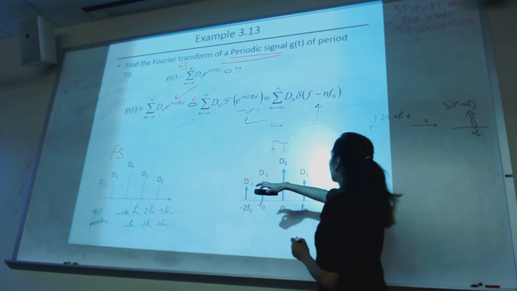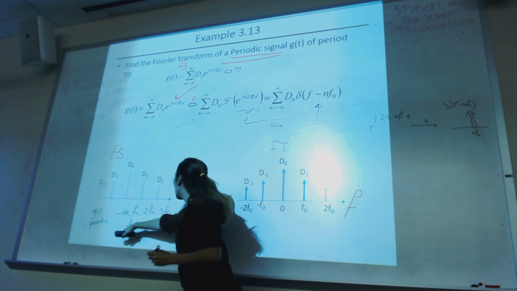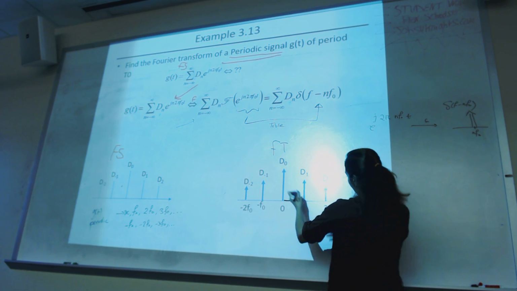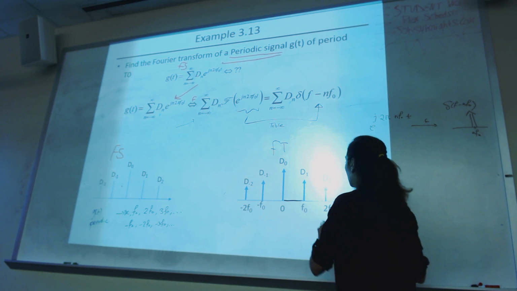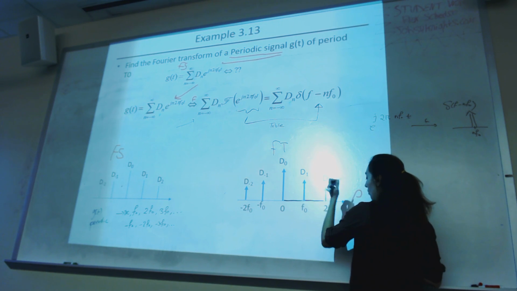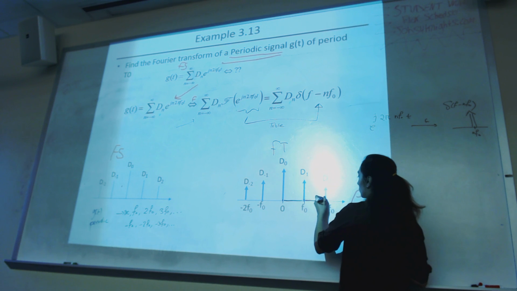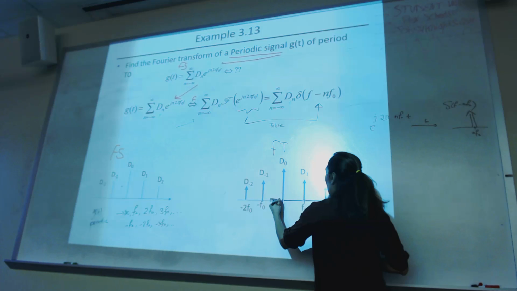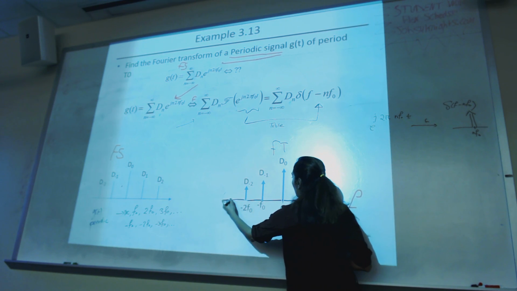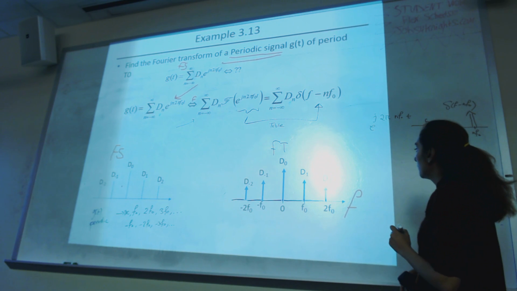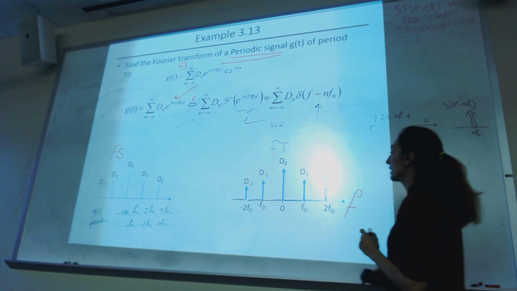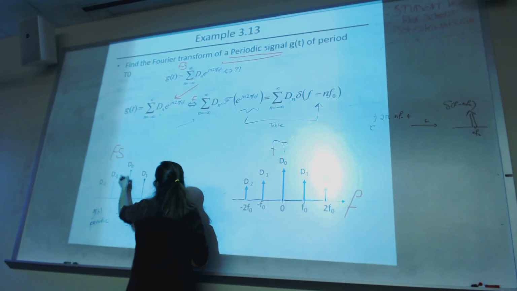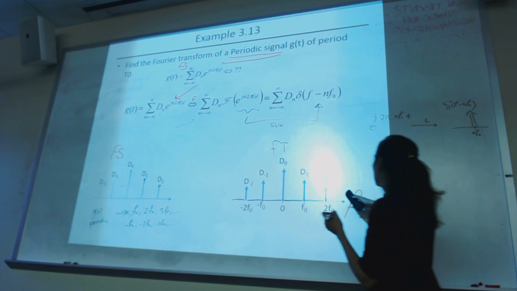So when I take the Fourier transform of the same signal, none of these other frequencies are available. The only things that are available are 0, f naught, 2 f naught. But then, instead of having just these discrete values, I have this delta.